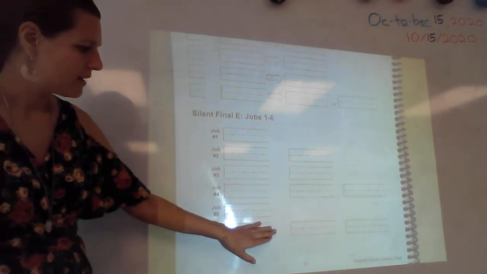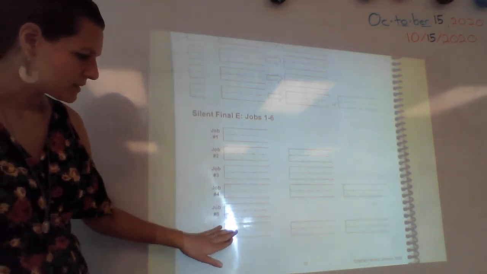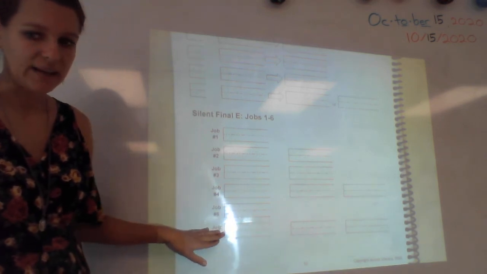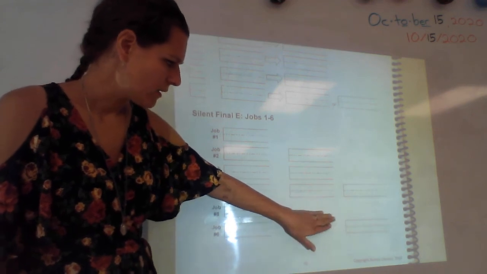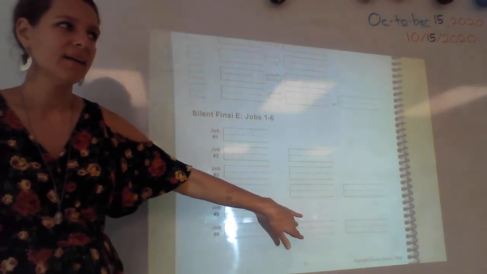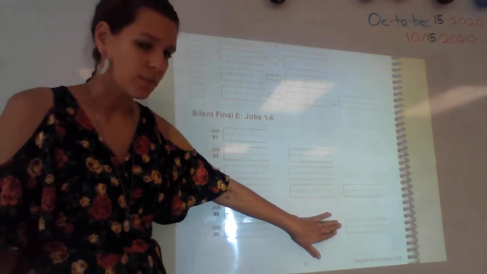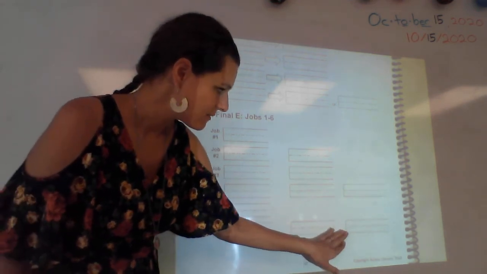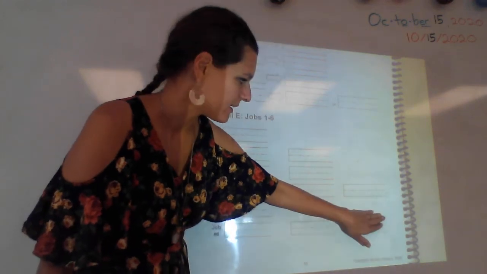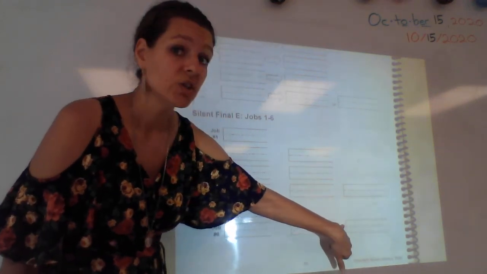So come down here. Let's see, some of us already have R written in. We also had another word last week, there. So we should have R and there written in. So we're going to fill up our last spot for a silent final E job 6 with shoe.